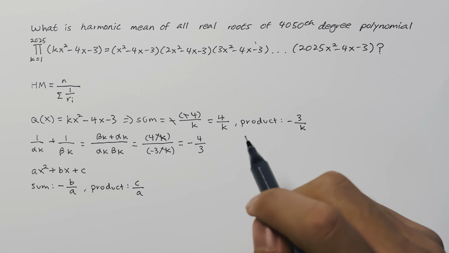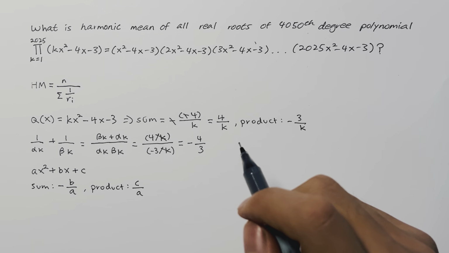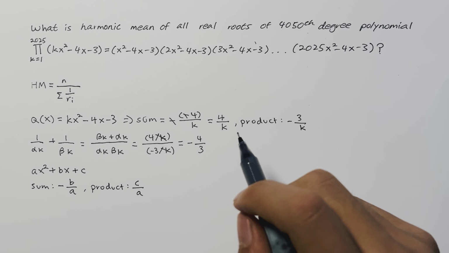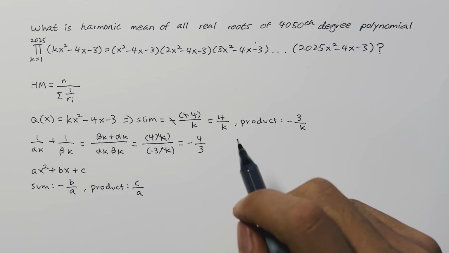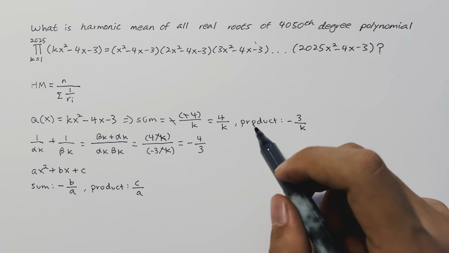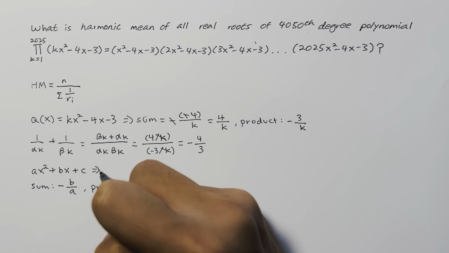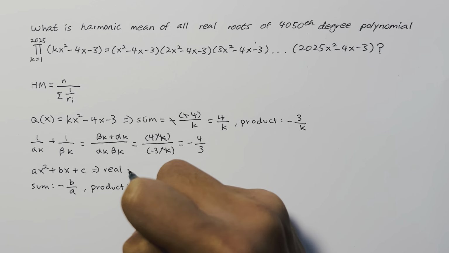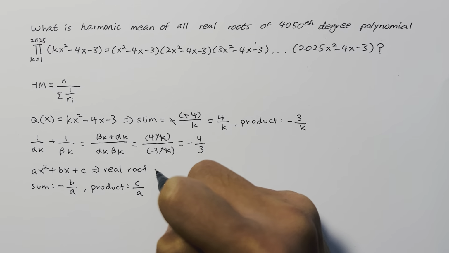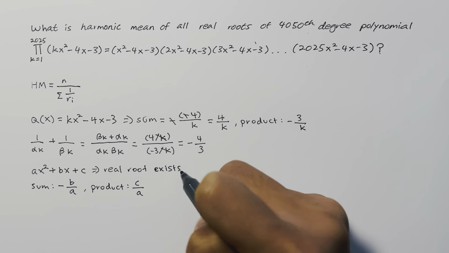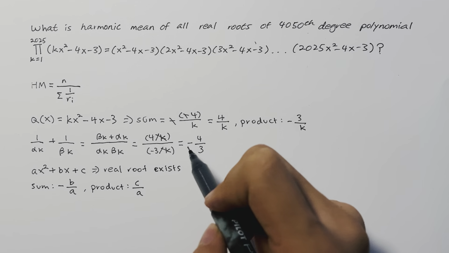And now the final phase is the verification of the real roots constraint. We must now address the constraint that we only consider real roots. For a quadratic ax squared plus bx plus c, the roots are real if the discriminant is greater than or equal to 0.